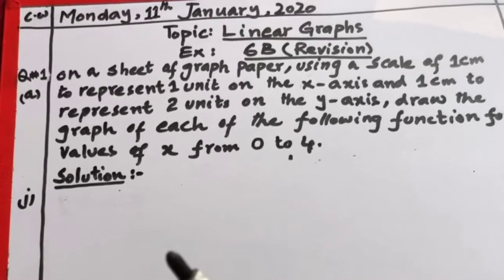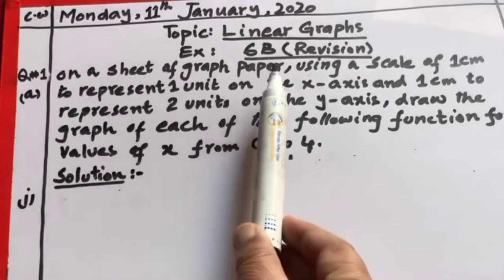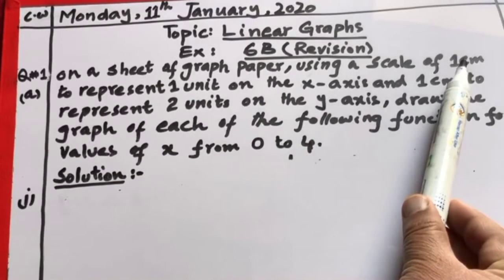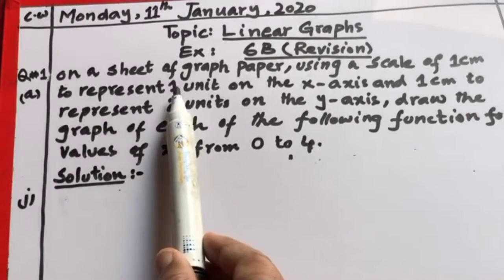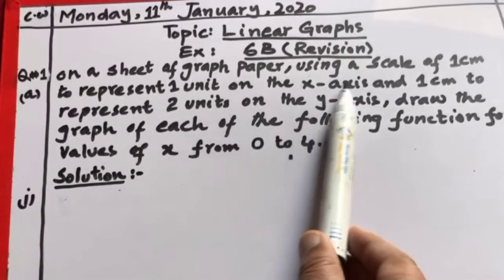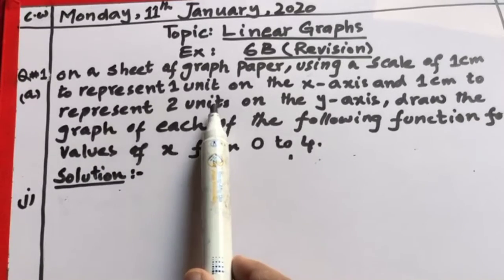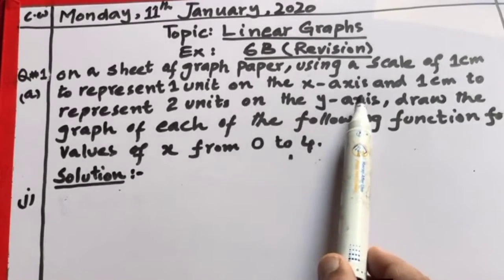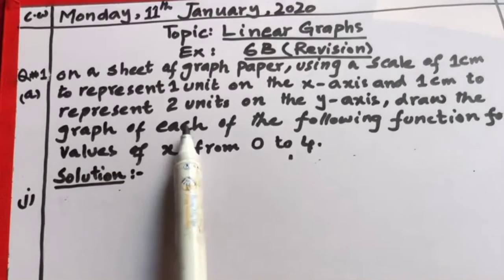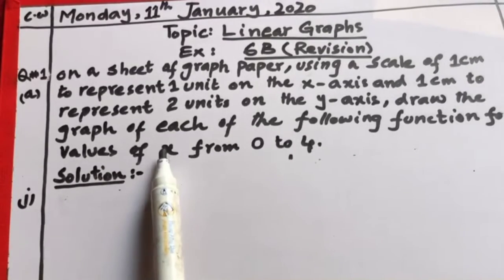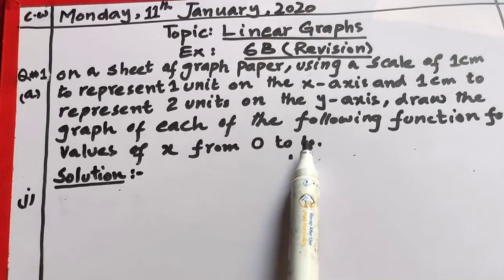Question number 1 is given. The statement of question number 1 is: on a sheet of graph paper, using a scale of 1 centimeter to represent 1 unit on the x-axis and 1 centimeter to represent 2 units on the y-axis, draw the graph of each of the following functions for the values of x from 0 to 4.